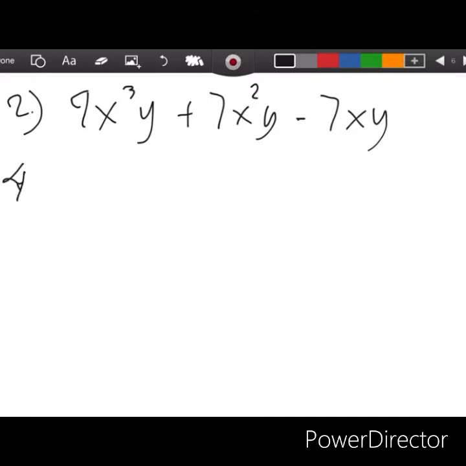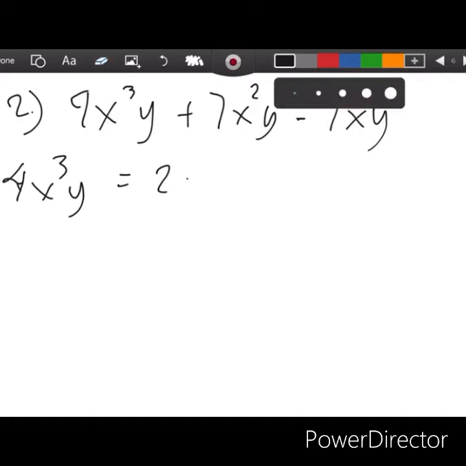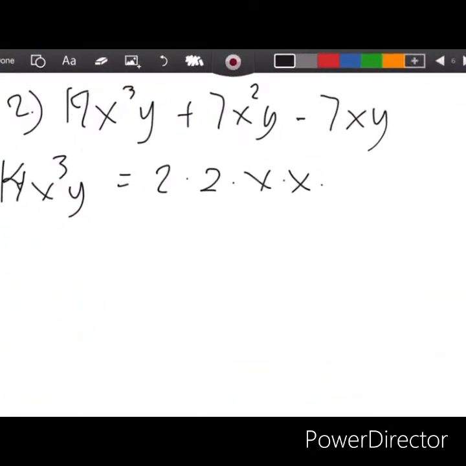Factor the first term. 14x cubed y is equal to 2 times 2, times x times x times... 14, rather. 14. Okay.